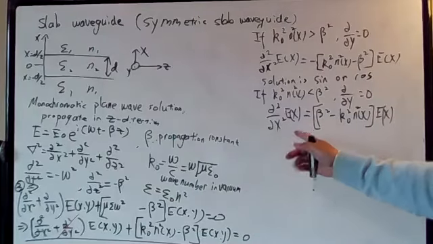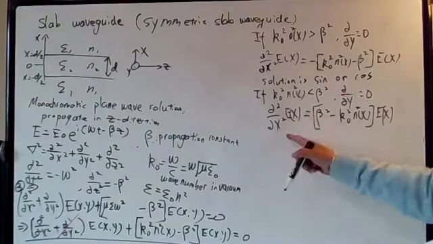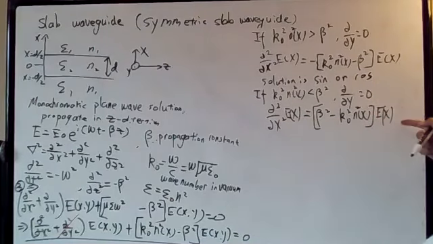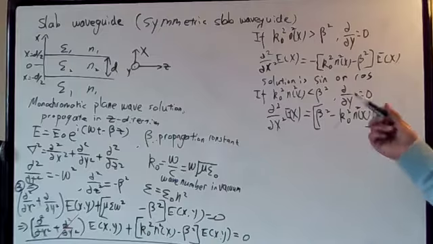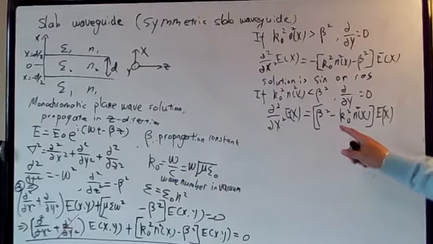So now the second derivative of X is a positive coefficient times something, right?